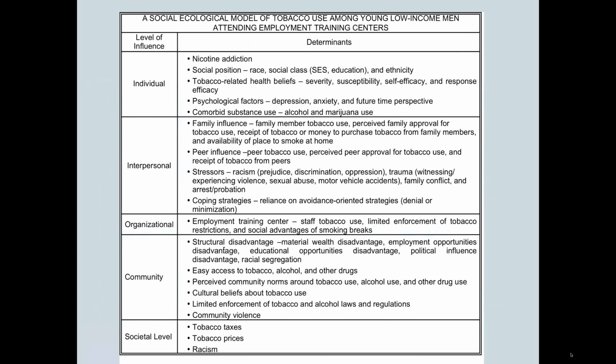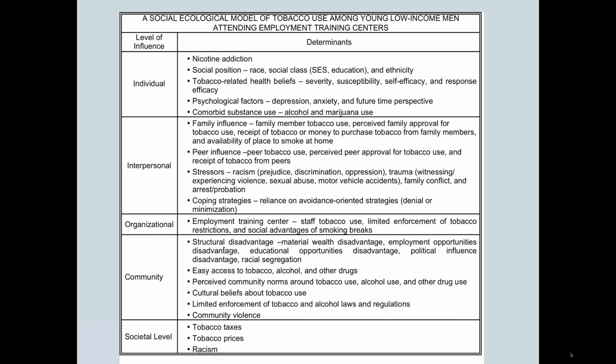So this slide is showing the social ecological model of tobacco use among young low-income men attending employment training centers. On the left side of this table are the levels of influence of the social ecological model.